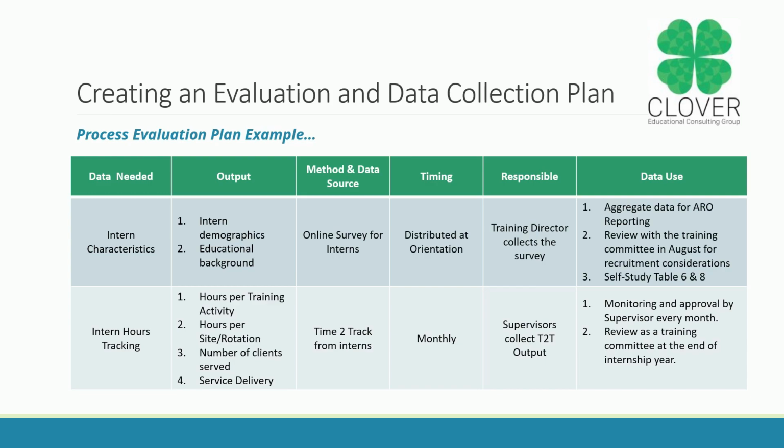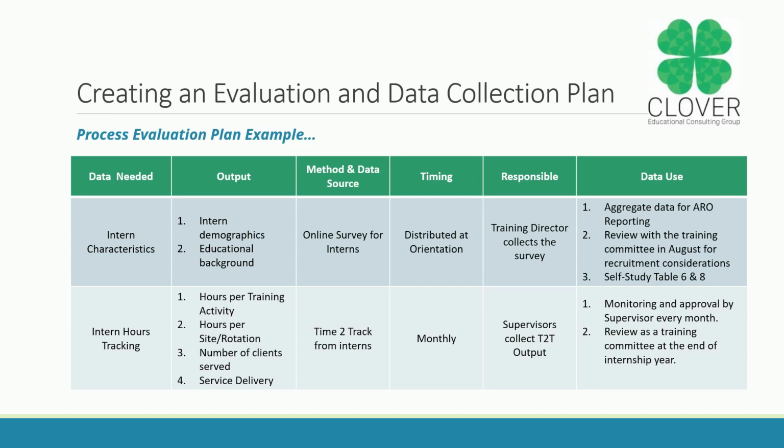For your method and data source, what are you collecting and how? An online survey from interns is a simple way of collecting that. I want to do it during the orientation, so that's my timing. And the training director is the one who's going to be introducing the survey and sharing the link during the orientation. How am I using that data? Well, for reporting for ARO, as well as for accreditation, for the self-study, tables 6 and 8.